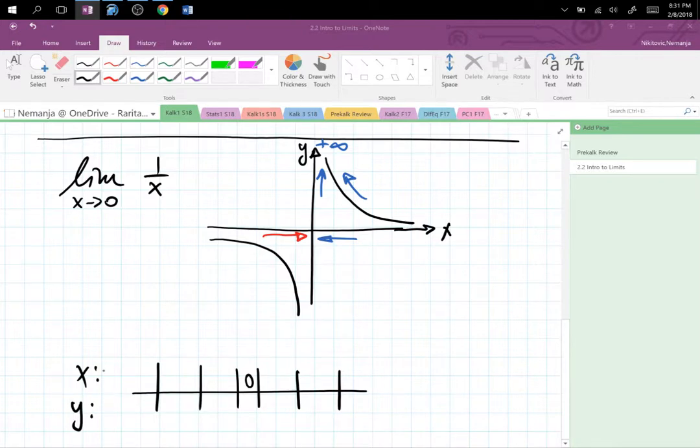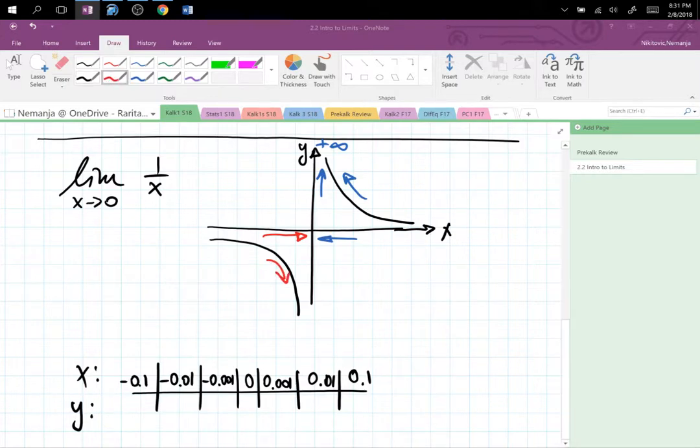Approach from the left is going to be negative 0.1, negative 0.01, and negative 0.001. Again, you are 10 cents away, you are 1 cent away, you are 1/10 of a cent away. From the right-hand side, 0.1, then get closer by being 1 cent away, and then finally 1/10 of a cent away.